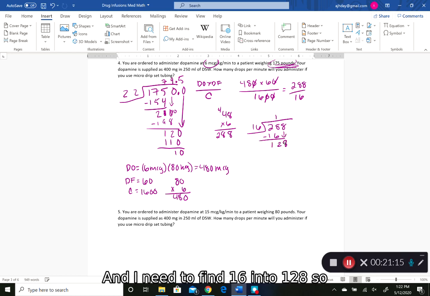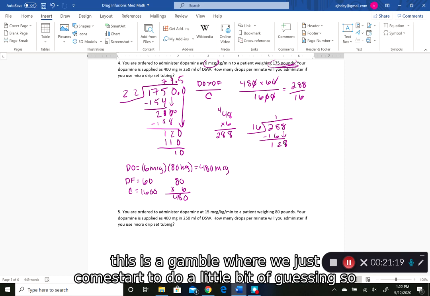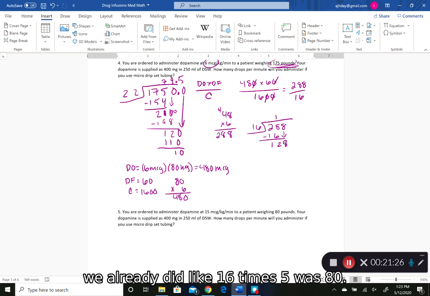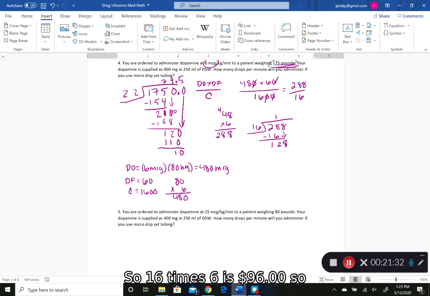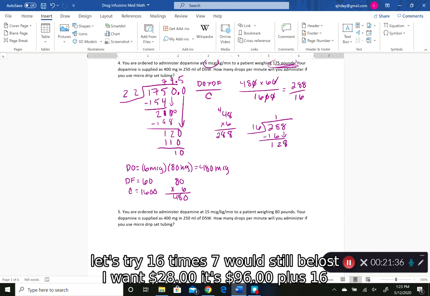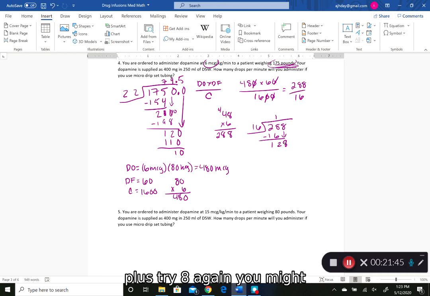All right, so now I need to find 16 into 128. So this is again where we just kind of start to do a little bit of guessing. So we already did 16 times 5 was 80. So 16 times 6 is 96. So let's try 16 times 7 would still be less than 128 because 96 plus 16. So let's try 8.